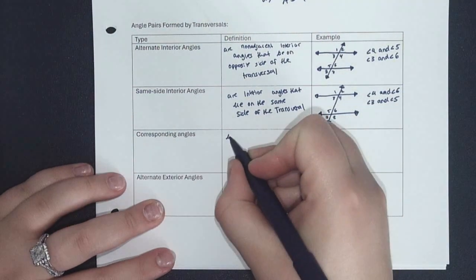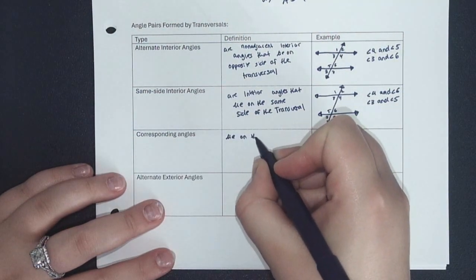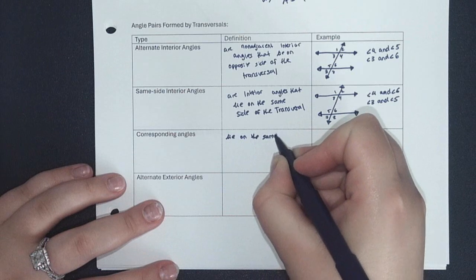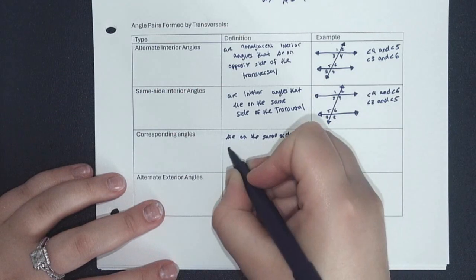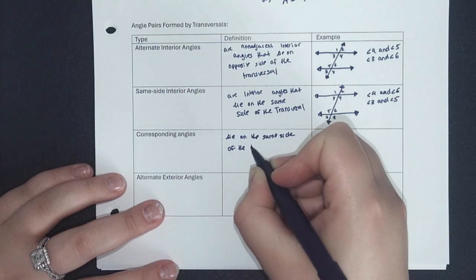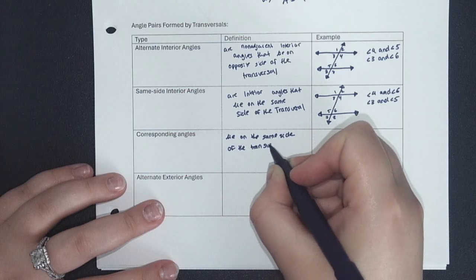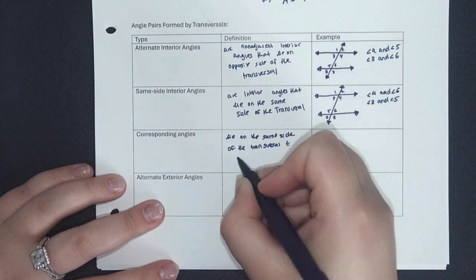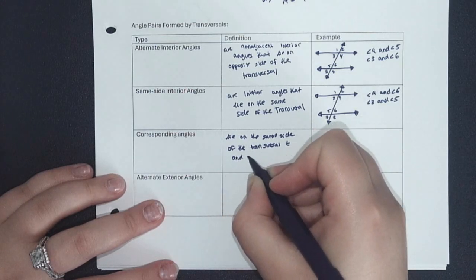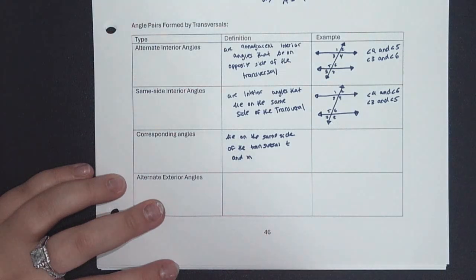Corresponding angles. These lie on the same side of the transversal, and in corresponding positions.